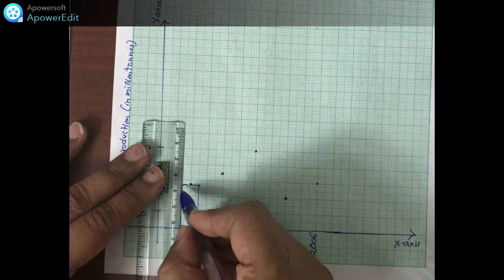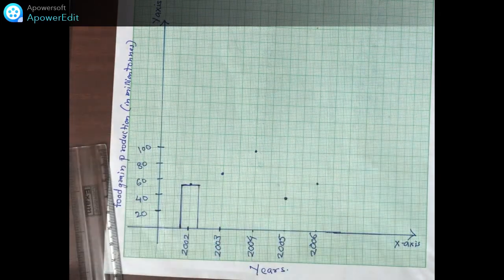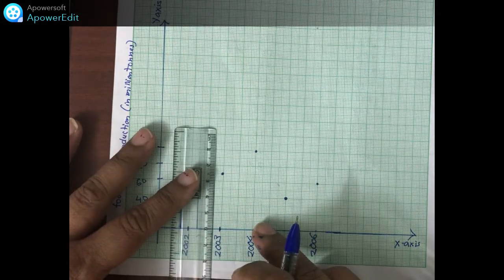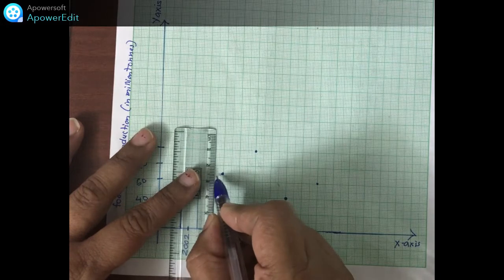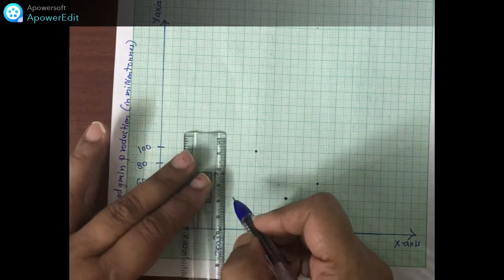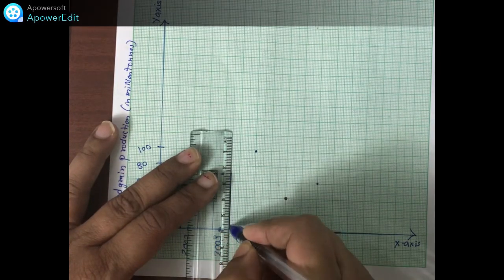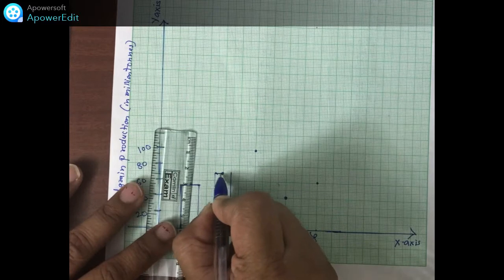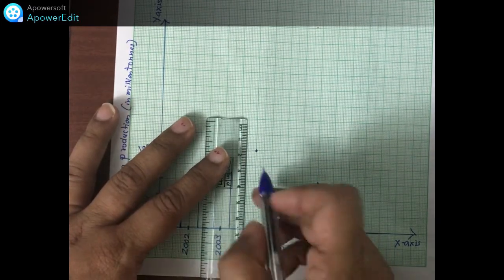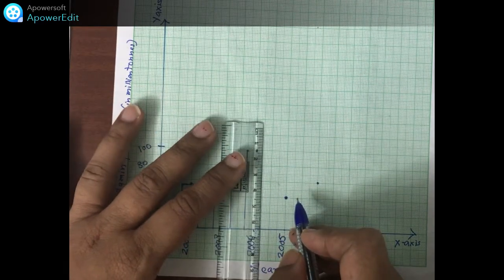So this way we have drawn the first bar. In a similar way for the second one also we will be drawing the bar. For all the years we will be drawing the bar in this particular manner.